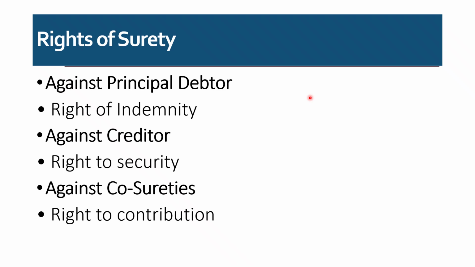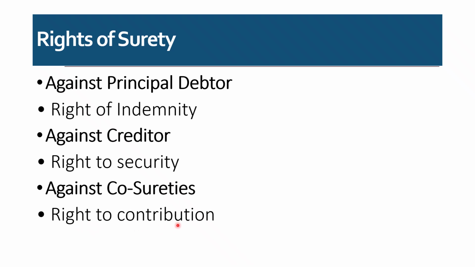Next are rights against the creditor. Here we are talking about the right to securities. The surety is entitled to every security the creditor holds. So if the creditor loses the security, the surety's liability reduces. And the third one is rights against the co-sureties, which is the right to contribution.